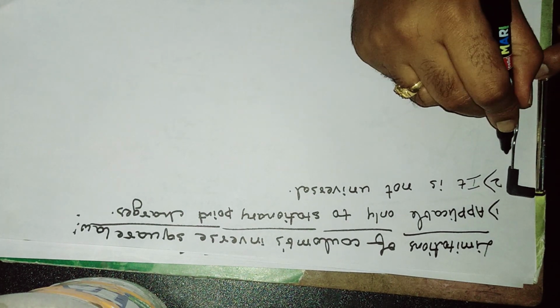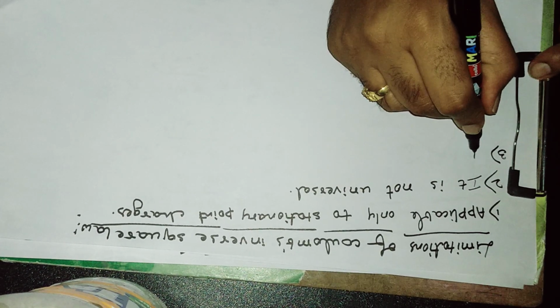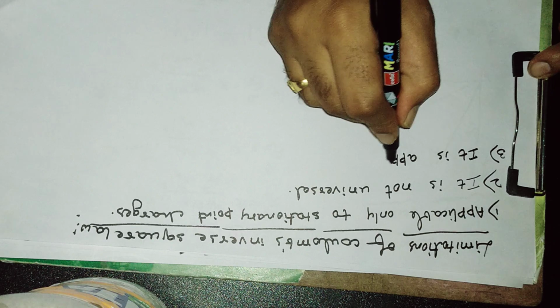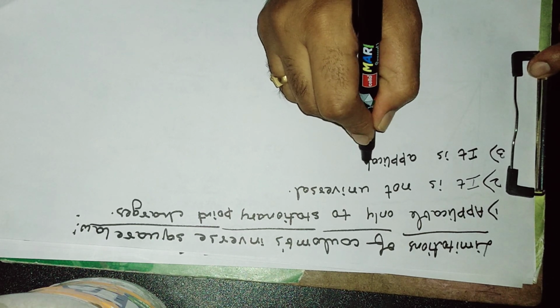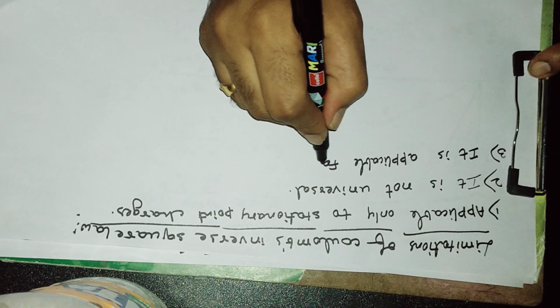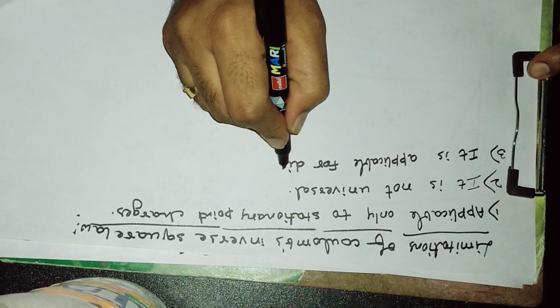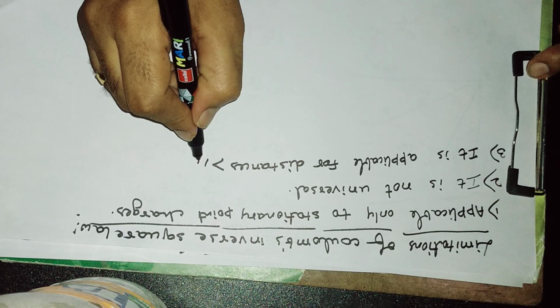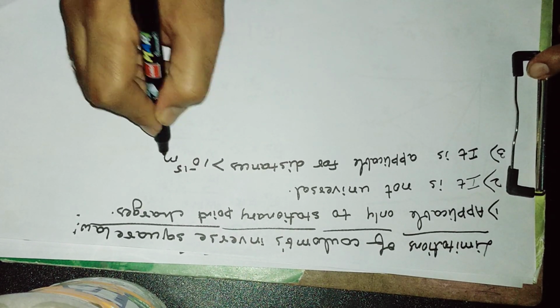But here Coulomb's inverse square law is not a universal law because the force acting between the two charges depends upon the property of the medium in which the charges are kept. So the third limitation is that it is applicable for distances greater than 10 raised to minus 15 meter.